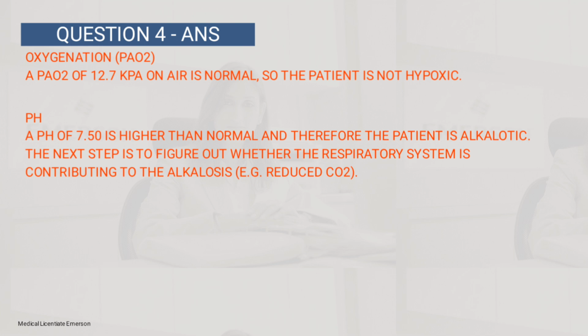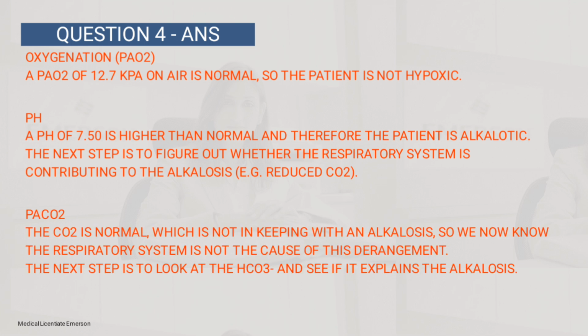So the next step is to figure out whether the respiratory system is contributing to the alkalosis. If it is contributing to the alkalosis, there should be a reduced partial pressure of carbon dioxide. Okay, so the partial pressure of carbon dioxide is normal, which is not in keeping with an alkalosis.